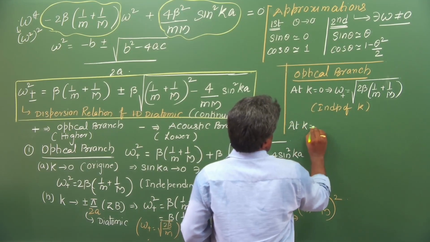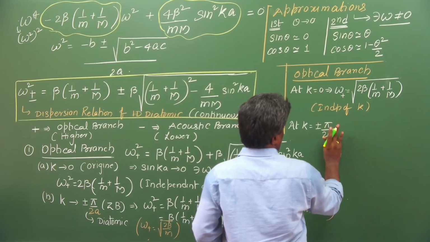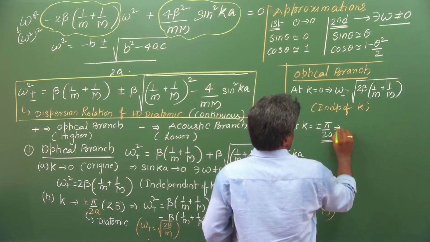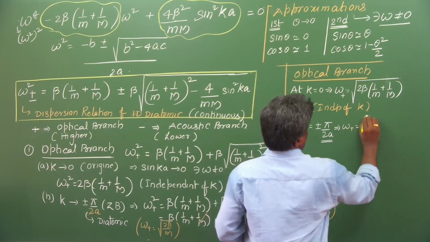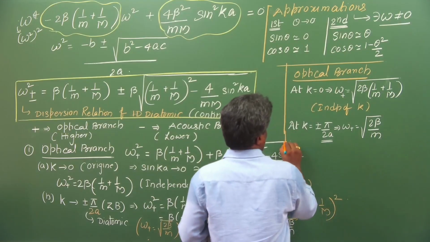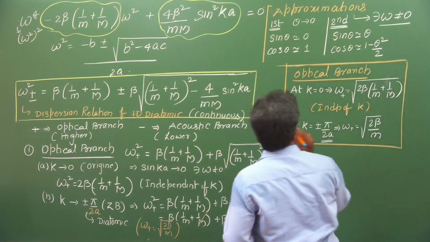At k equal to plus or minus pi by 2a, because of the diatomic lattice it's 2a, omega plus equal to under root 2 beta by small m. This is the conclusion of the optical branch.